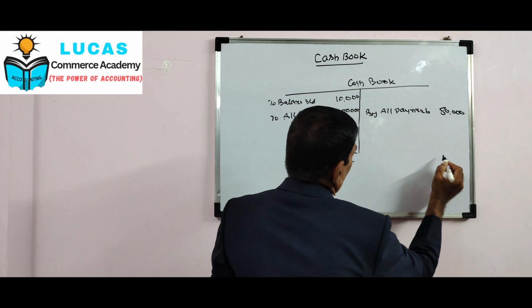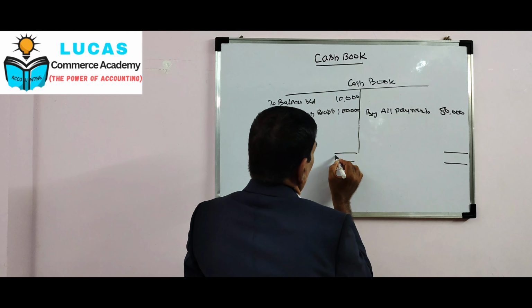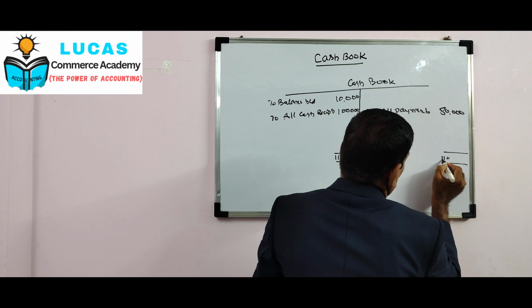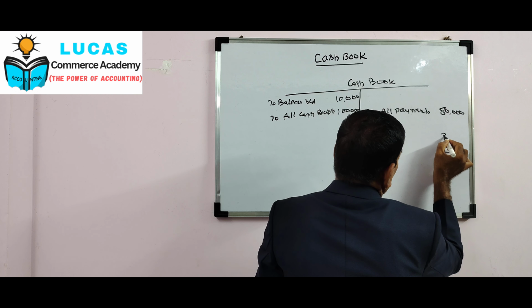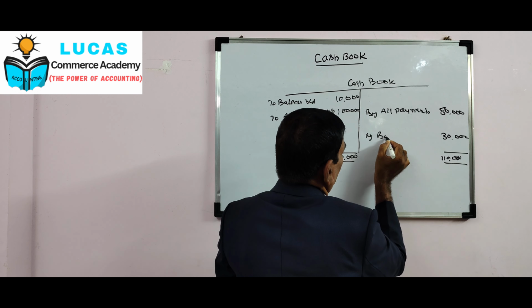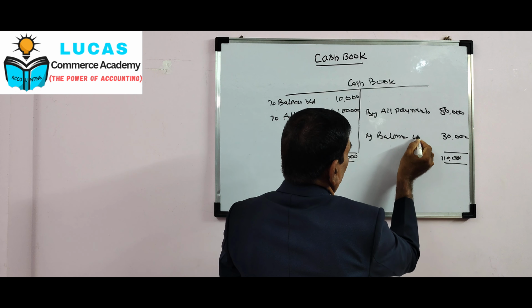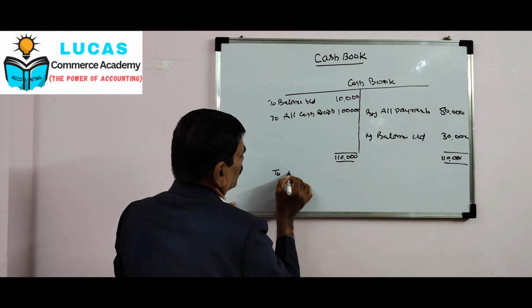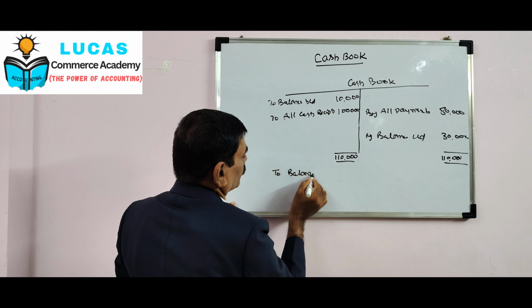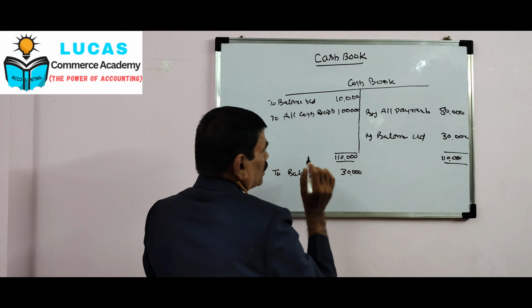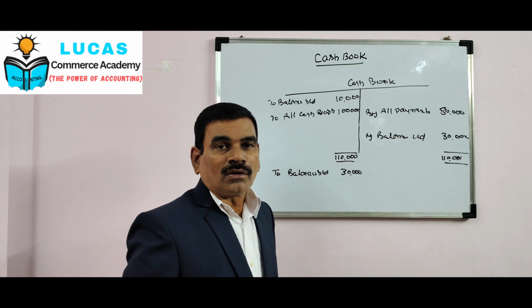Then ascertain the balance, total 1,10,000 on both sides. So the difference is 30,000. So this is the closing cash balance, by balance C by D, then brought forward to next period as to balance B by D, 30,000. So this is the simple format of cash book.